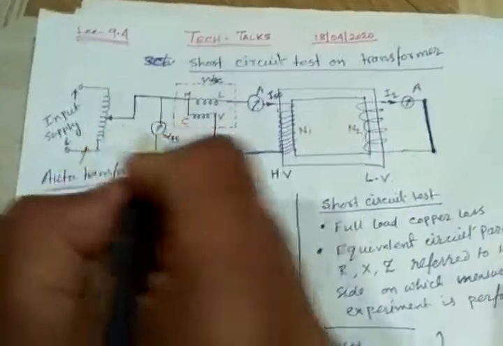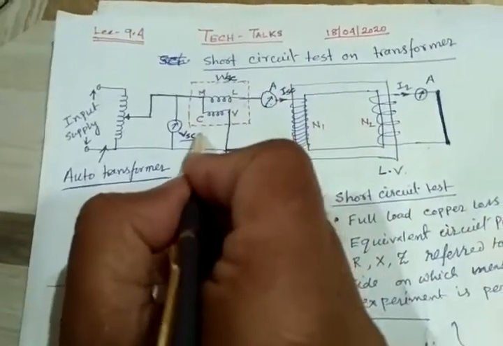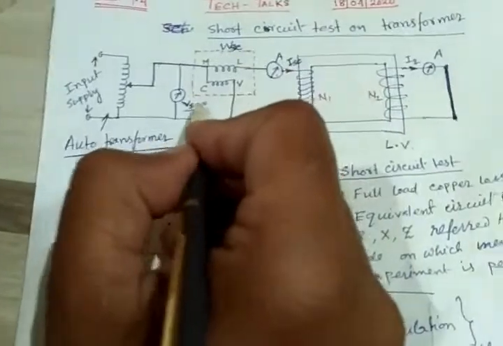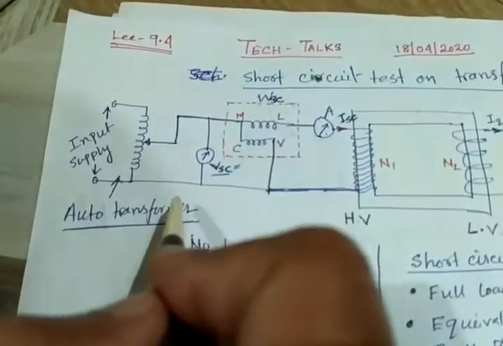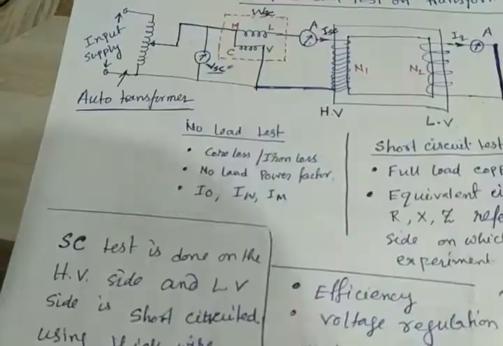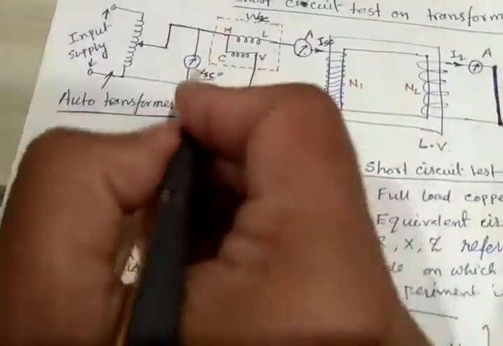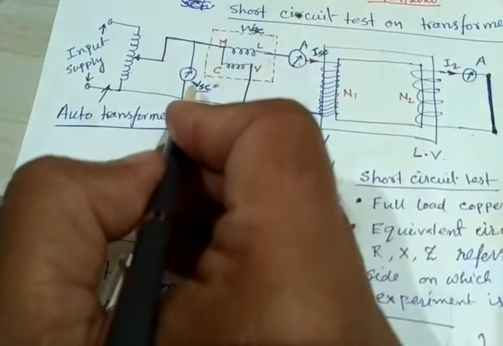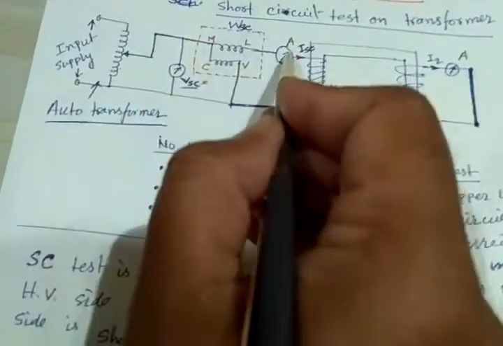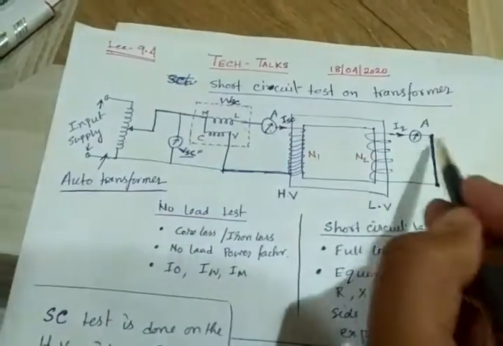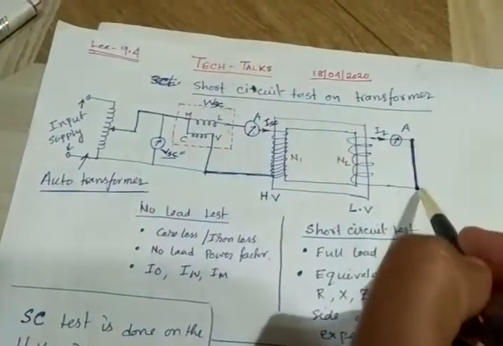So that voltage will become VSC. It is seen that this voltage will be actually very less than the rated voltage. For our example, rated voltage we have seen that is 250 volt. But in this case, VSC may be maximum up to 5 to 10% of that. Maybe with 20 volt, we may reach the current of 100 ampere, because on the secondary side there is no load, that is short circuited.